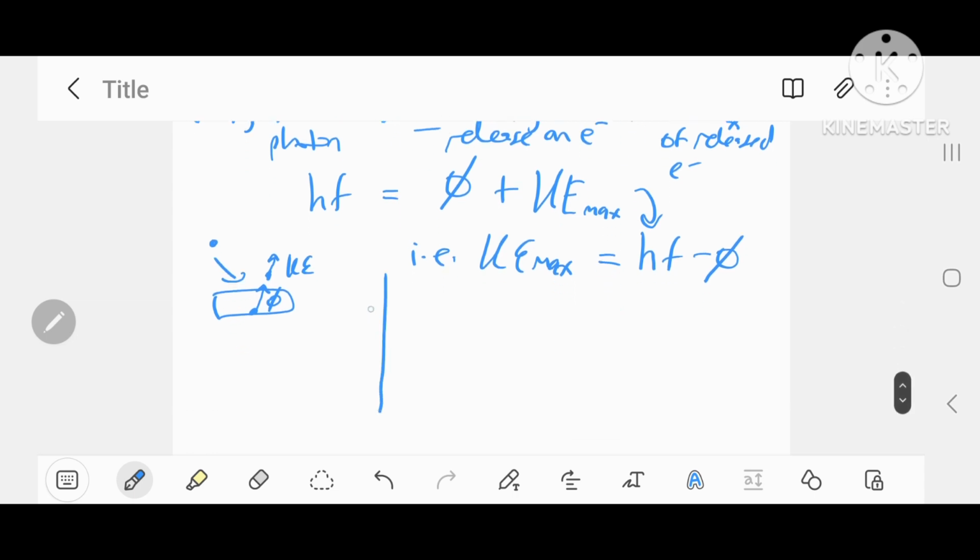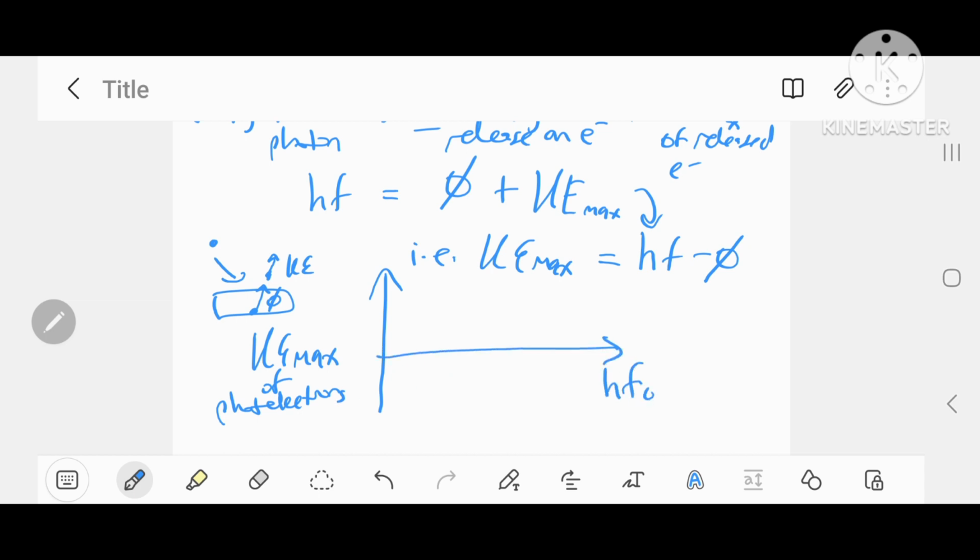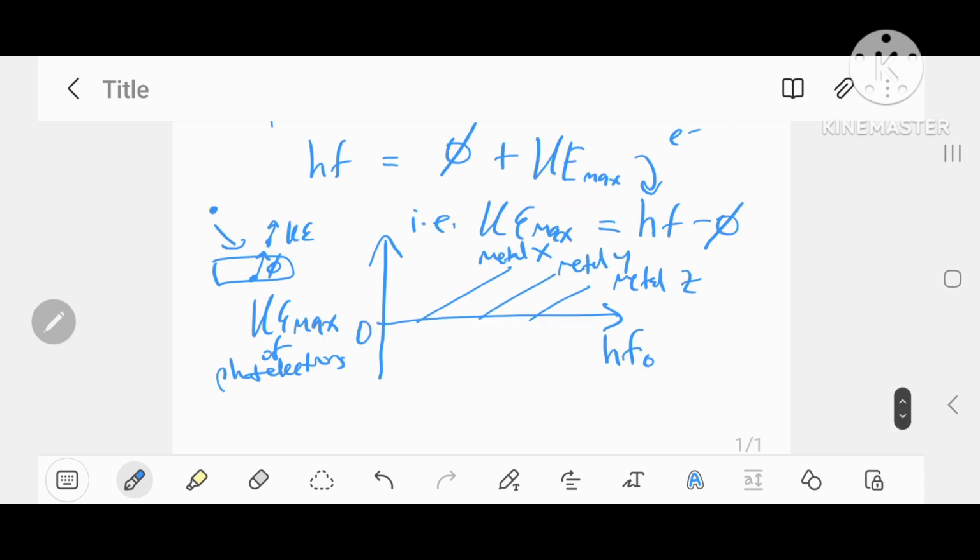You can plot the maximum kinetic energy of the photoelectrons against the incident light energy, hf sub naught, and there's 0. What you'll find is that different metals, let's call them metal X, metal Y, metal Z, have different work functions, and hence different maximum kinetic energy values of the photoelectrons.